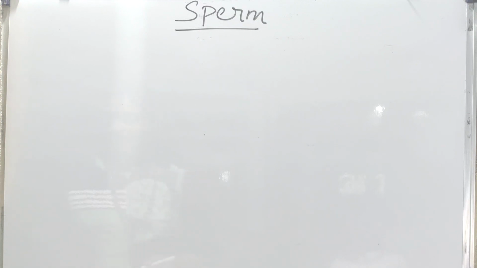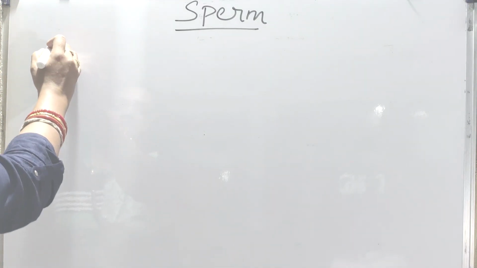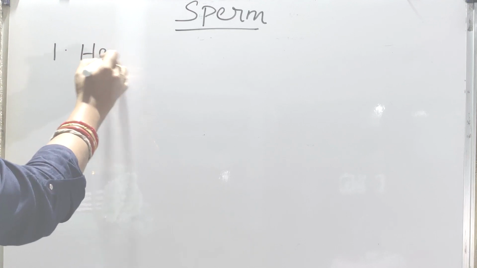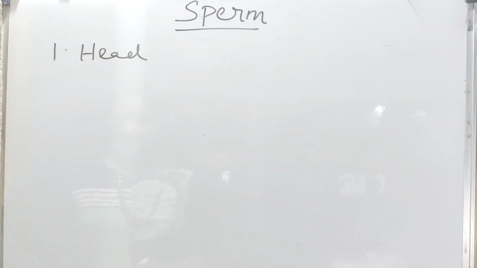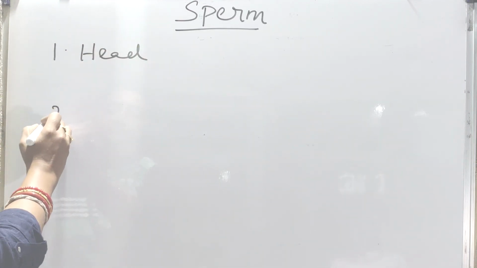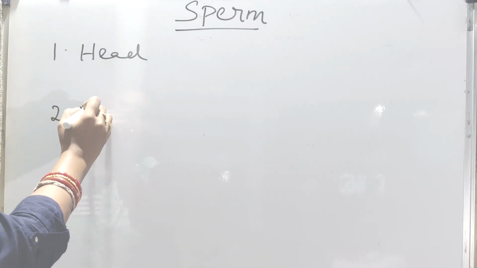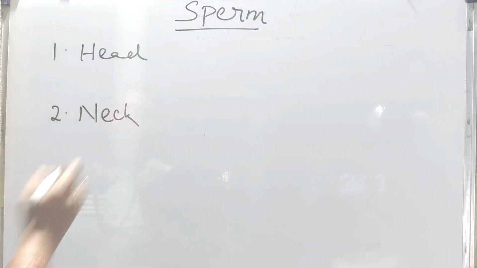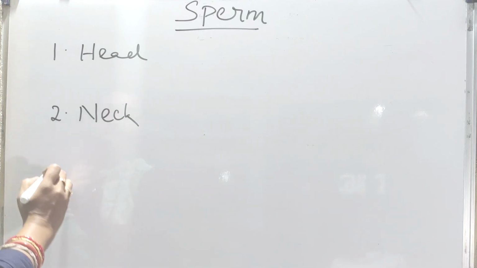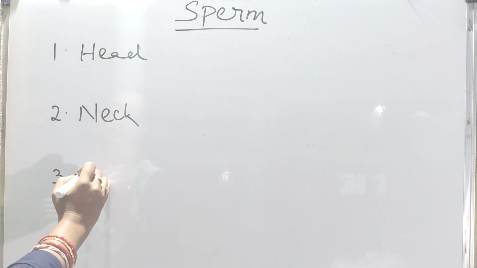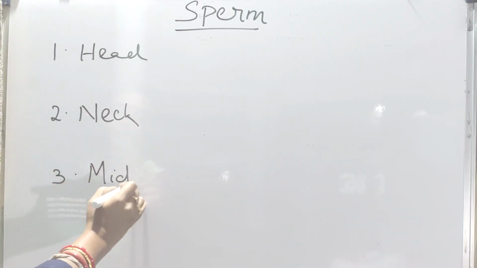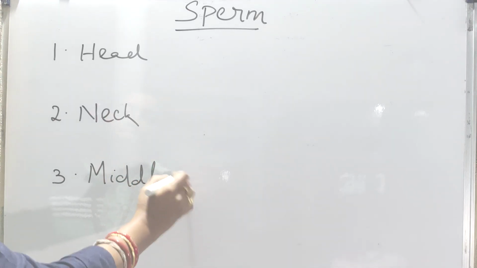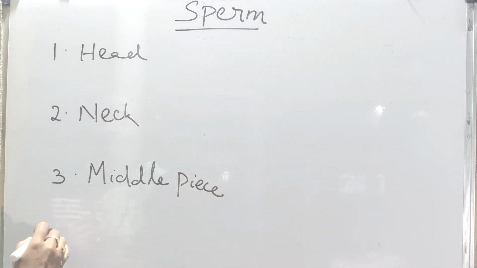Human sperm consists of head, a short neck, a middle piece, and a tail.